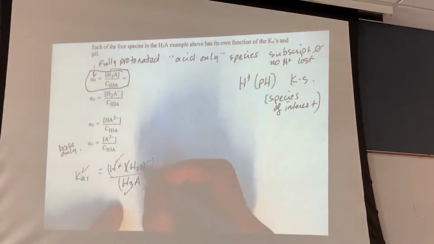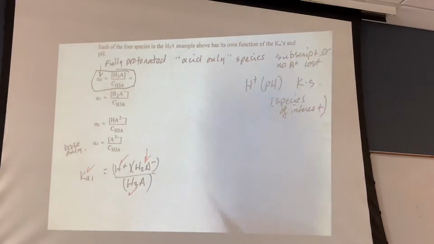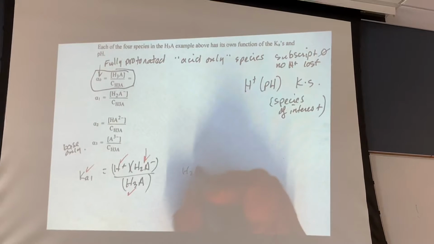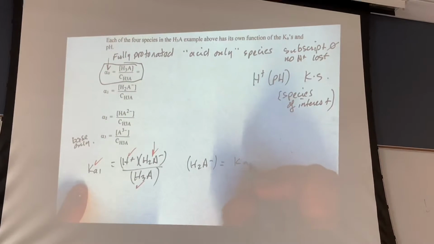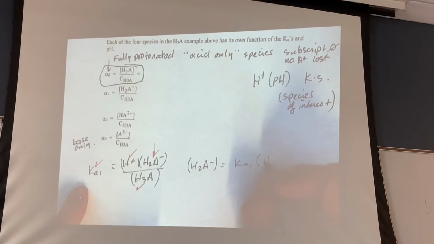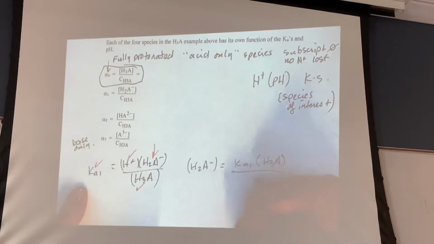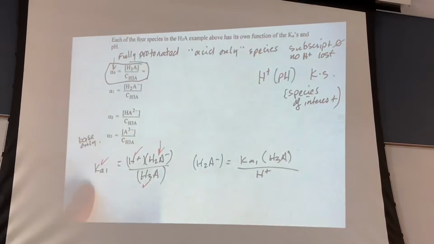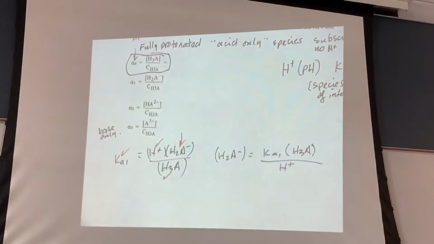And I'm going to solve for that. So when I do that, I get H2A minus is equal to Ka1 H3A over H plus. So that's just algebraically rearranging that statement.